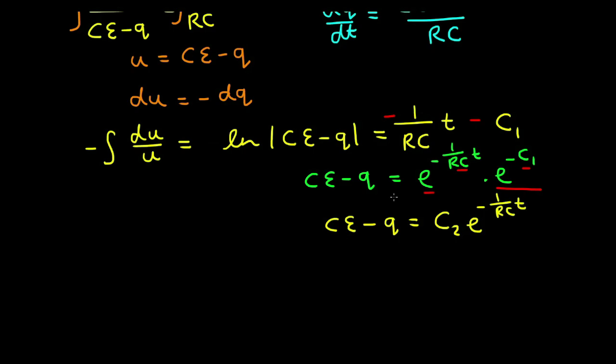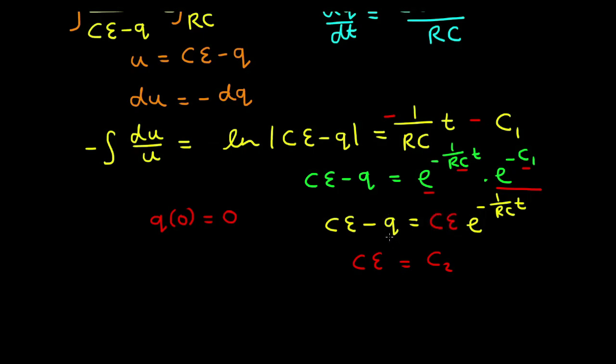So at time t equals 0, there's no charge on the capacitor. So what we get is C epsilon minus 0 is equal to C2 by e to the 0, which is 1. So let's replace C2 with C epsilon.